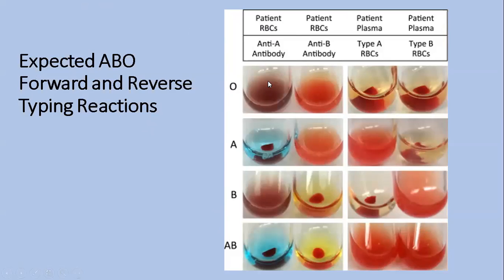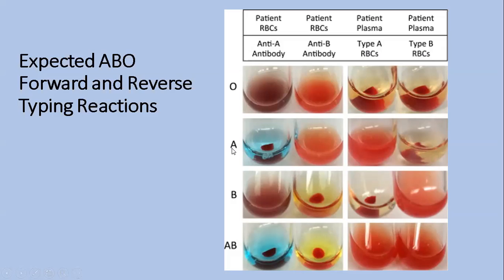When we have O, you see it's a smooth suspension, no agglutination, because O lacks A and B. So we reverse our thinking. If they lack both A and B, they should have anti-A and anti-B that we detect in our reverse typing. And lo and behold, we have 4+ and 4+. So the anti-A reacted with the A1 cells, the anti-B reacted with the B cells.